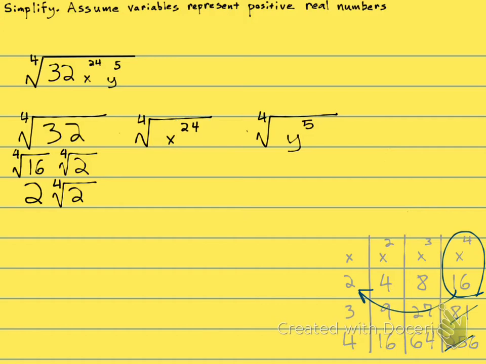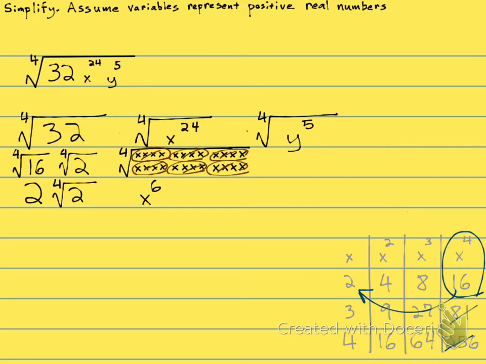So that's 2 possible ways to do it. But to understand, I'm going to prefer this way. Every group of 4 inside gives me 1 x outside. There's 6 groups inside, which gives me 6 x's outside. And when I take all these out, what's left over? Nothing is left over under the radical for that term.